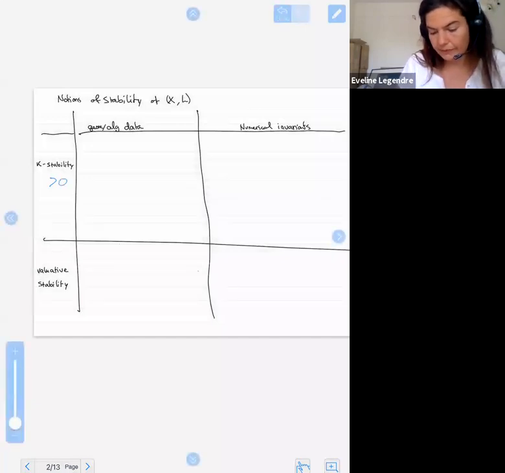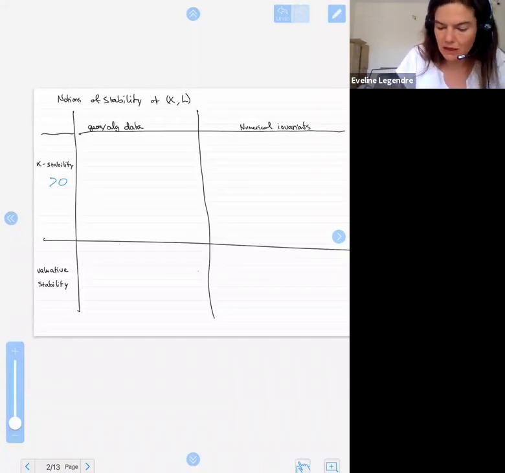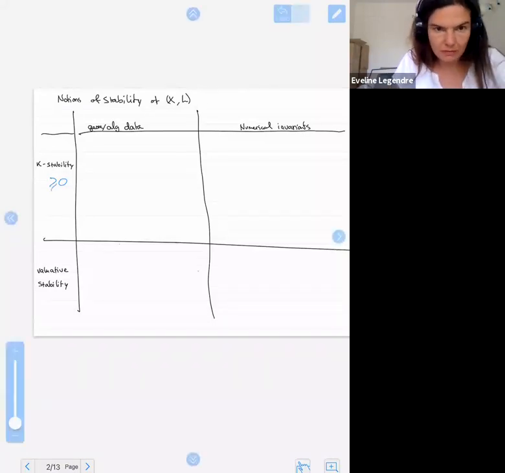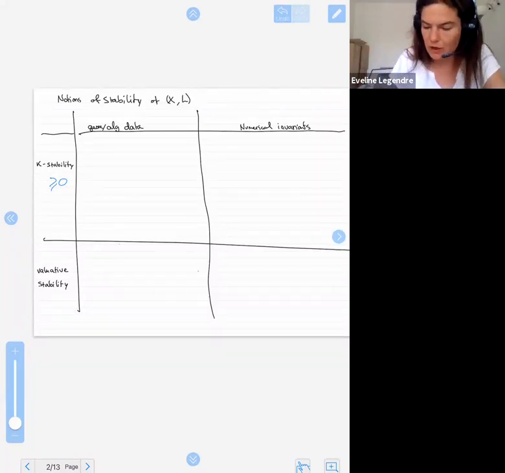There are also some subtle notions of semi-stability and uniform stability, but I will be very basic about this. I will just talk about stability, or let's say semi-stability, meaning that the numerical invariant is non-negative.